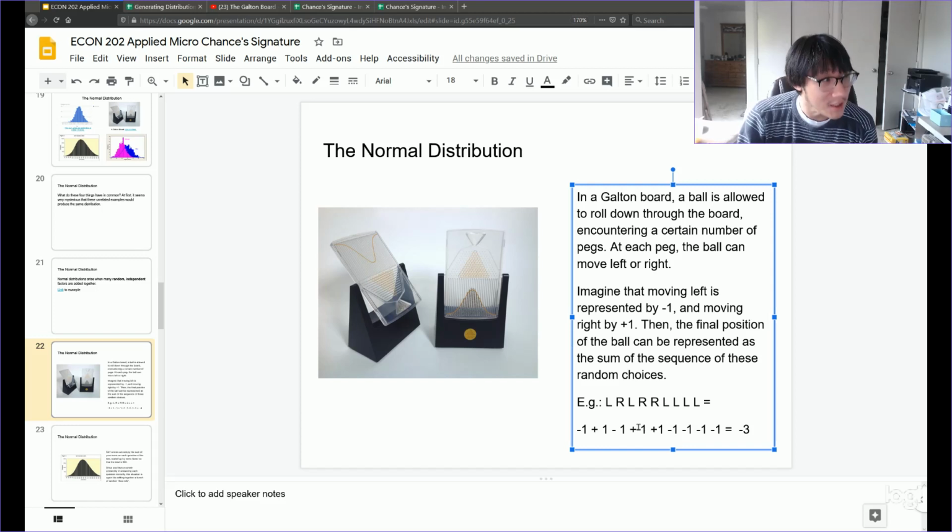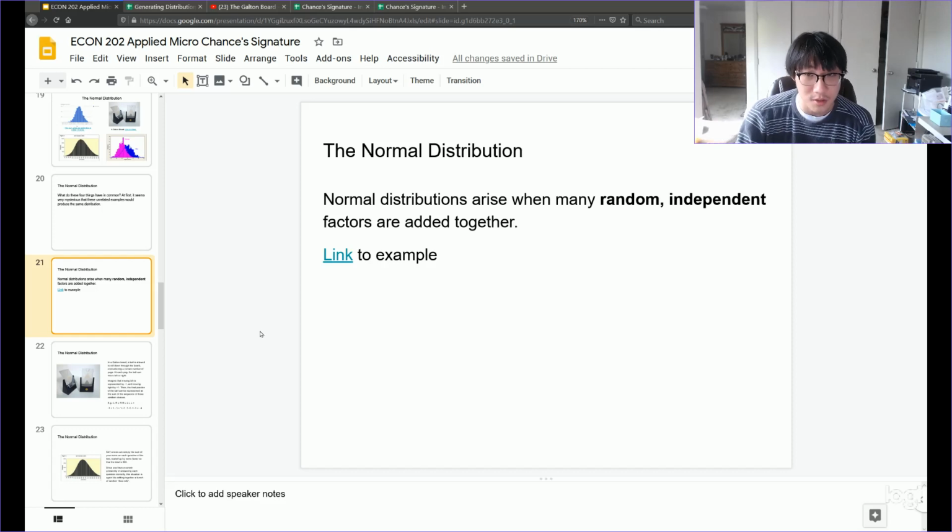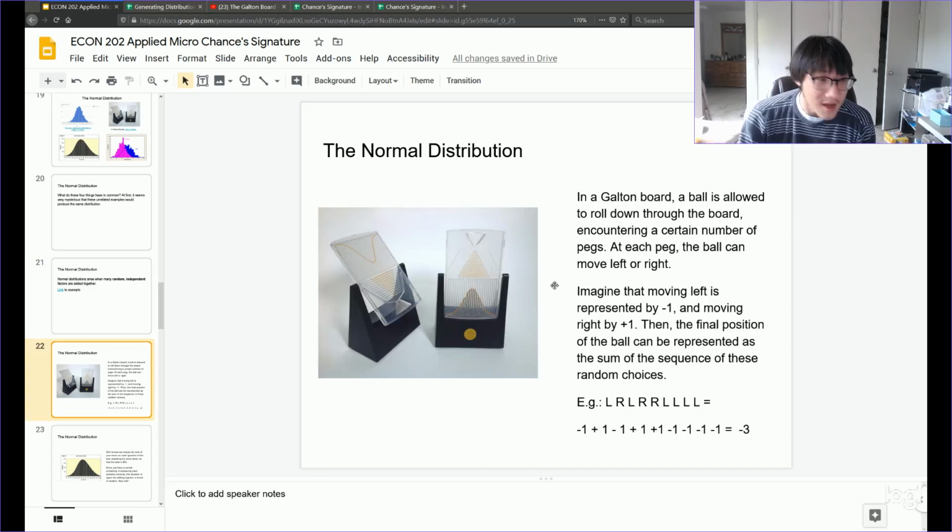And remember that each one of those minus ones or plus ones, moving either left or right, is essentially random. So this Galton board can be boiled down essentially to adding up a bunch of random left or right choices. Now, what did I say before? Normal distributions arise when many independent factors are added together. Well, that's exactly what this is.